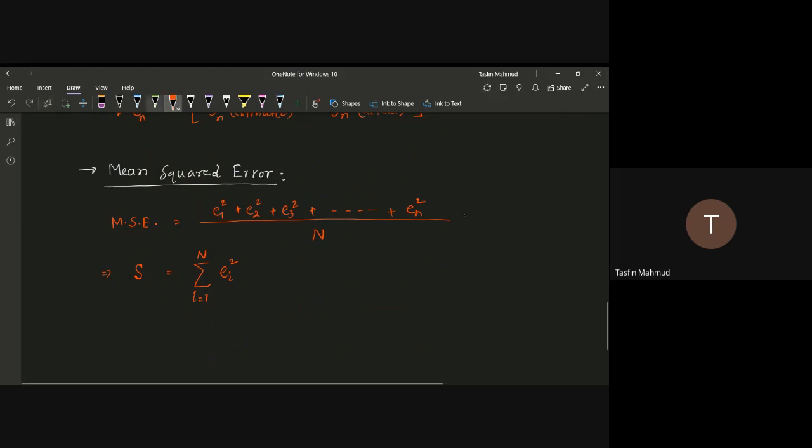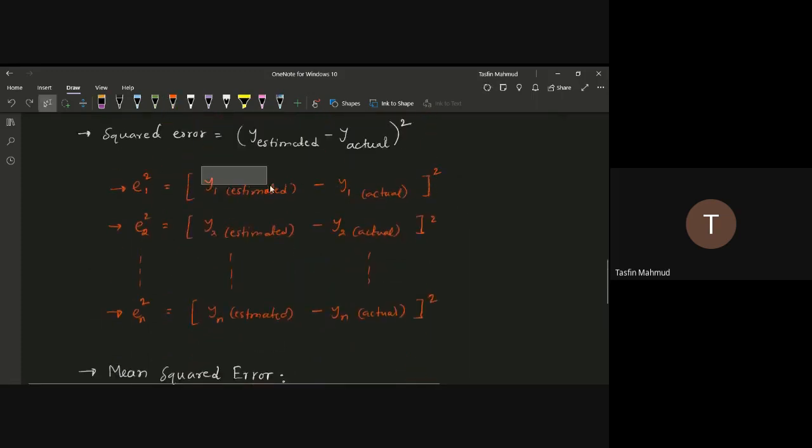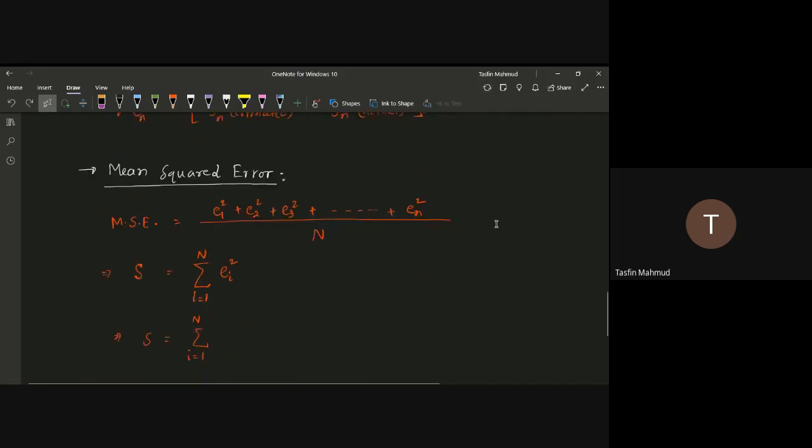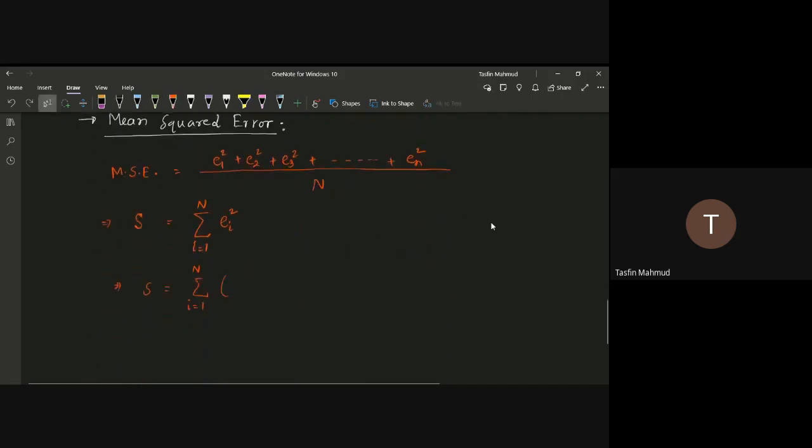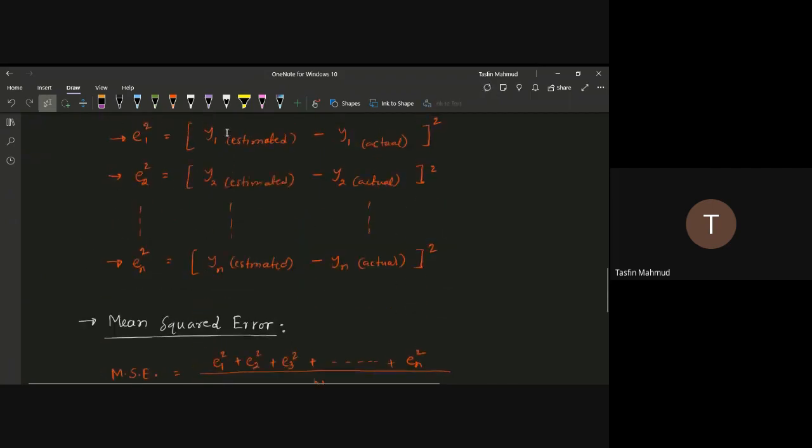So if I expand this expression a bit more, I can write S equals sum from i to n, and for each ei, we can consider the y estimated minus the y actual, right? First we have written the estimated one, then the actual one.